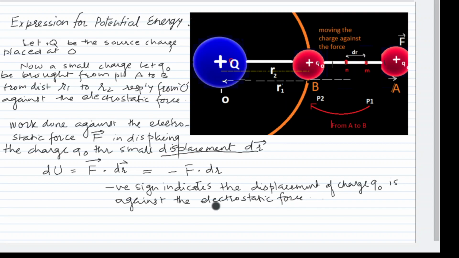So it is against the electrostatic force. So this is the small displacement we are talking about, small displacement dr. If it is displacing from A to B, how do we write it?